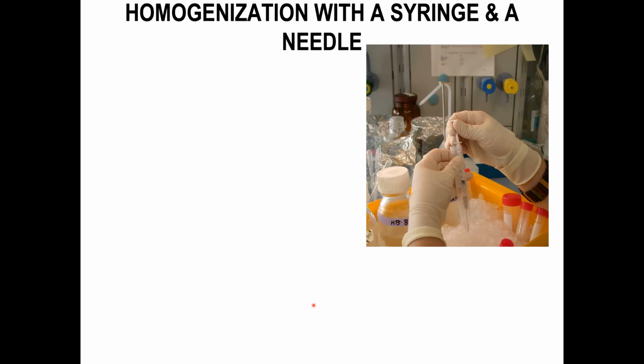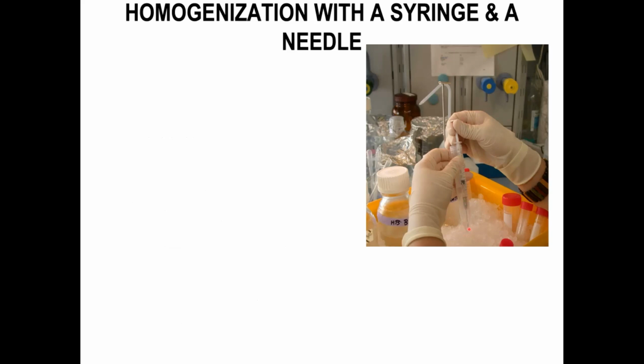And this is the homogenization that I have talked about with the needle that you see, where this is a 15 milliliter tube, where you suck in and blow out the content. What is also important to mention here is to avoid air bubbles.